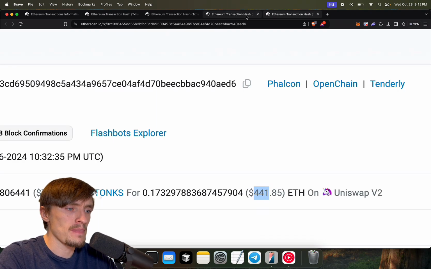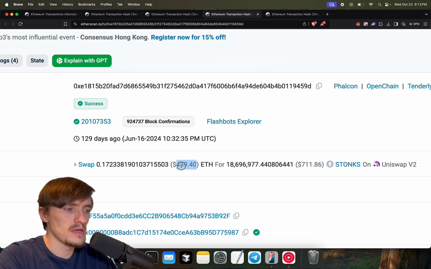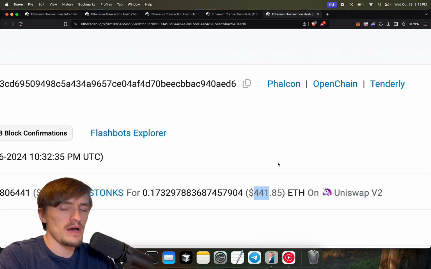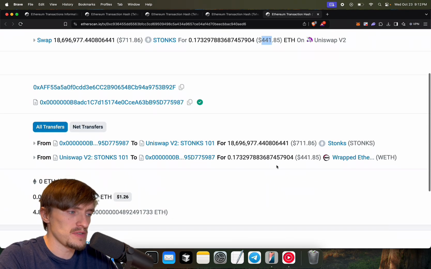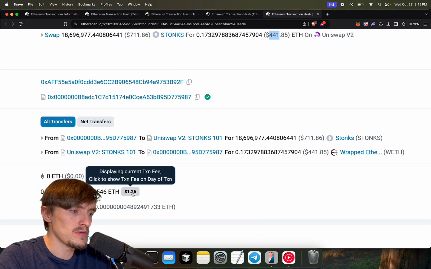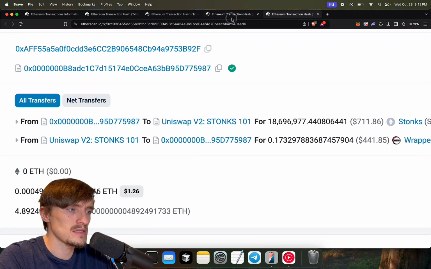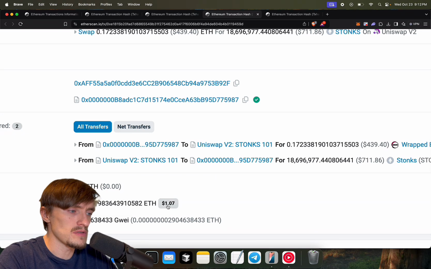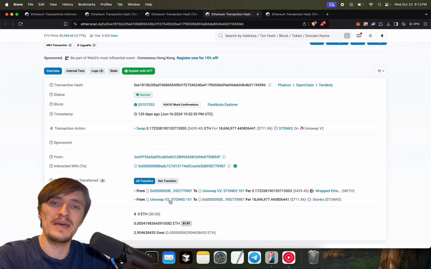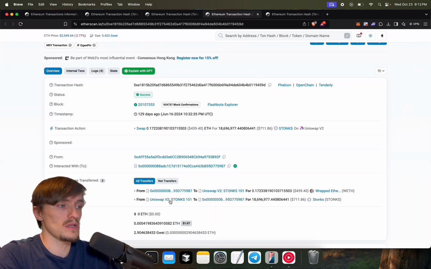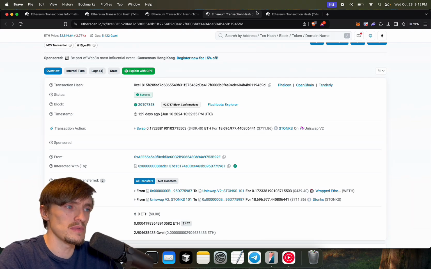But then, well, it's not $40, it's $5 in profit. But then we give to the validators 126, and in this transaction also 126. So we made about $3 in profit, which is nice, right? Compared to the previous one, this is much better.